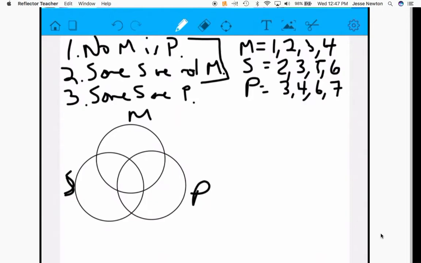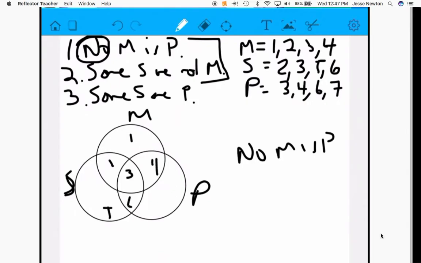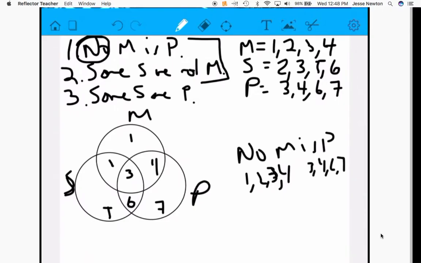So let's begin. We're going to begin with premise 1, the major premise, because it has the universal quantifier. So no M is P. M is regions 1, 2, 3, 4, and P is regions 3, 4, 6, and 7.